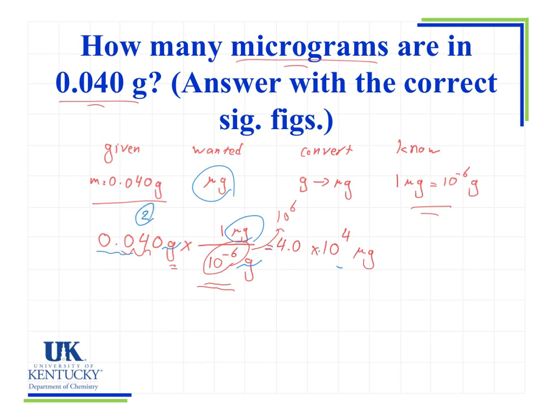These are leading zeros. We do not count leading zeros, so we have 1 and 2. The trailing zero with a decimal place, we counted, so it has 2 sig figs. So your final answer should also have 2 sig figs. So this has 2 sig figs, so this is right. So the right answer is 4.0 times 10 to 4 microgram.